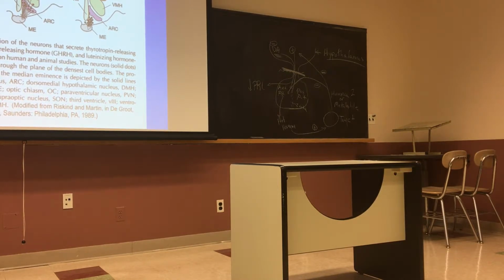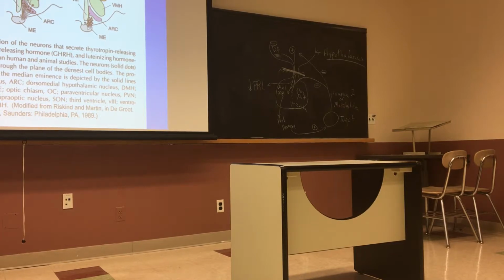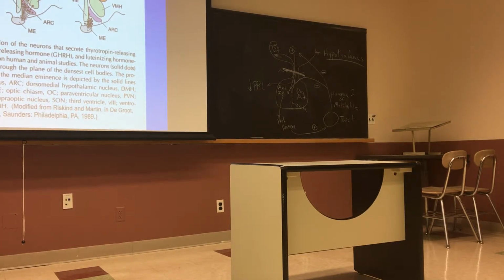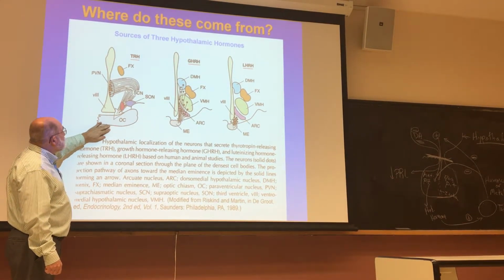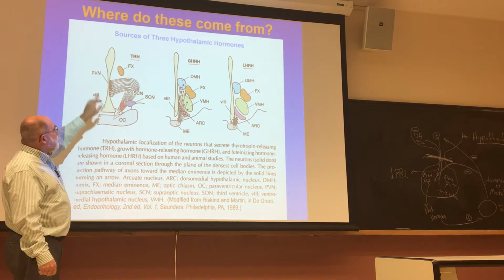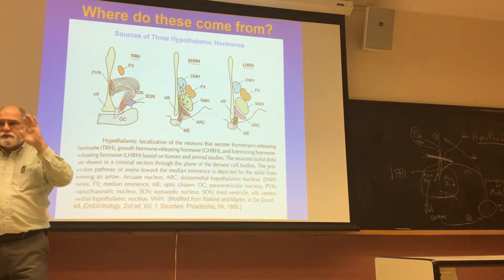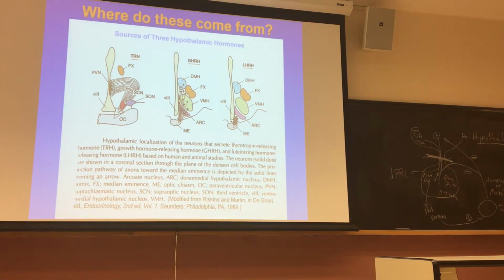The suprachiasmatic nucleus is also going to contribute to these fibers coming down here. These are part of the tract that's going to control particularly thyroid hormone, but recognize that TRH also contributes to control of prolactin, and what else? I think it was growth hormone.